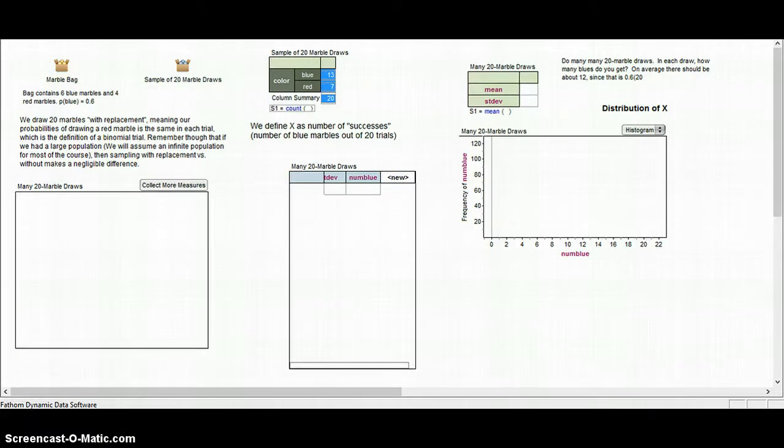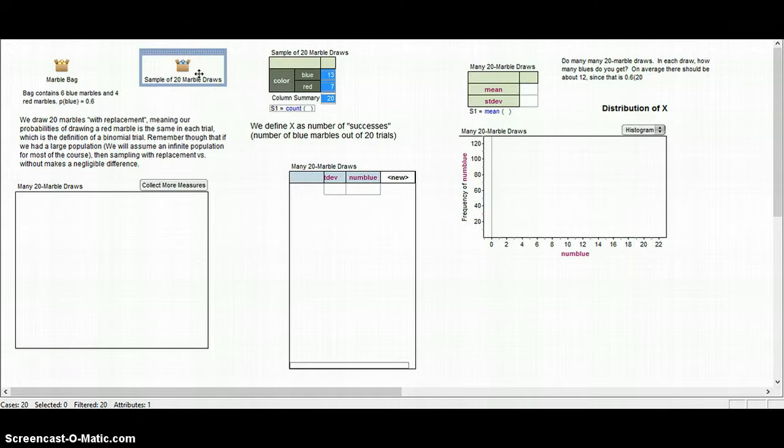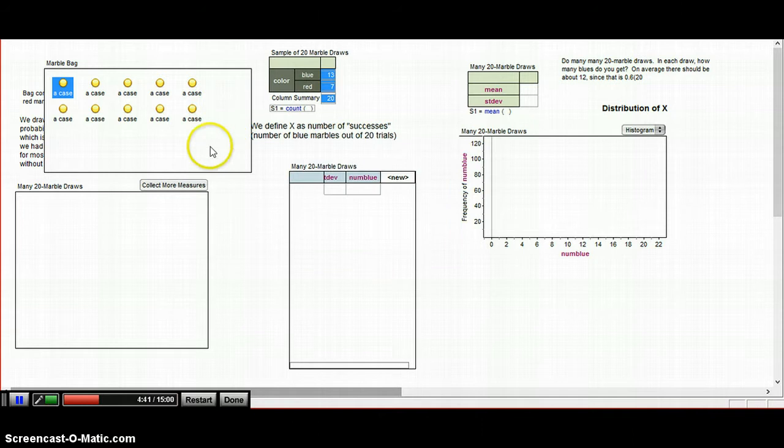Now I can take a sample of 20 marble draws. We have blue, blue, blue, blue, blue, red, red, red. 6 of one and 4 of the other.